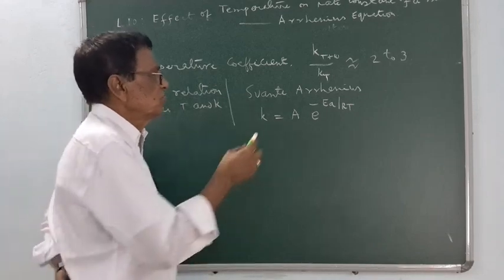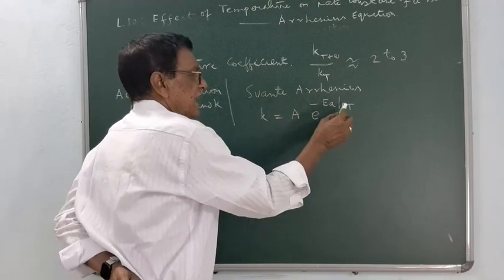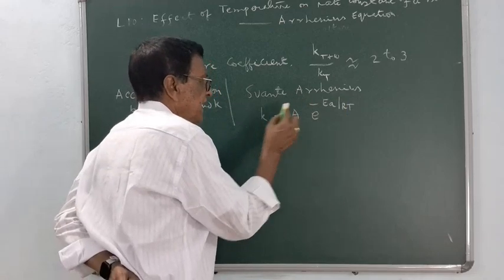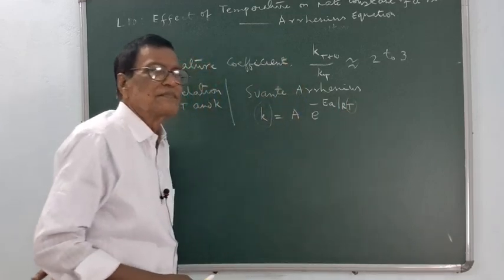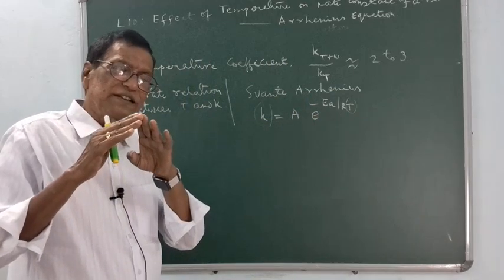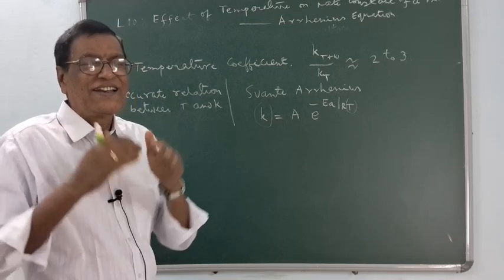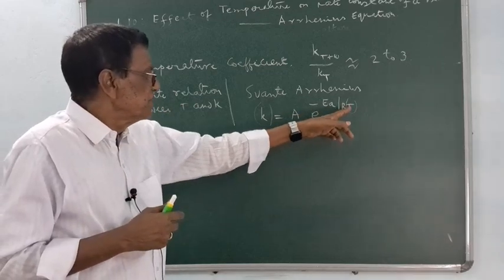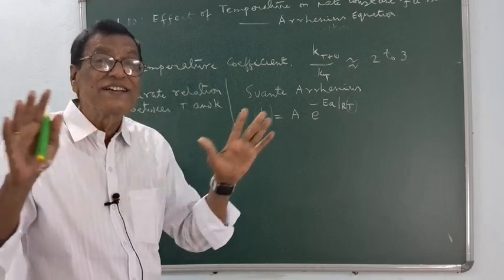So these two are constant for a particular reaction. R is also constant. So the variables are K and T. From this relation, you yourself can see the effect of temperature on this rate constant is exponential in nature.